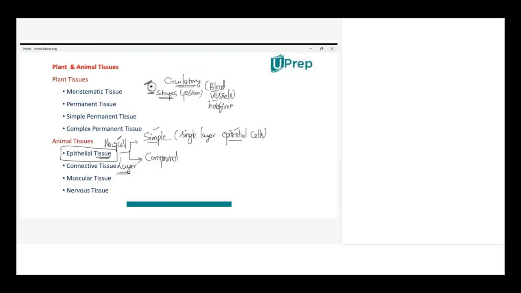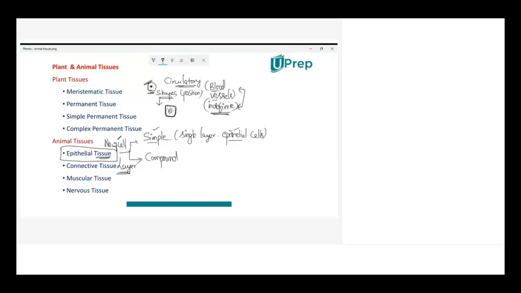Such epithelial cells which have indefinite shape are called with some name, that we will discuss later under what kind of epithelial cells. And sometimes the shape of epithelial cells will be like this, like a cube. If this is a nucleus and this is cytoplasm, the shape has changed from the indefinite one.